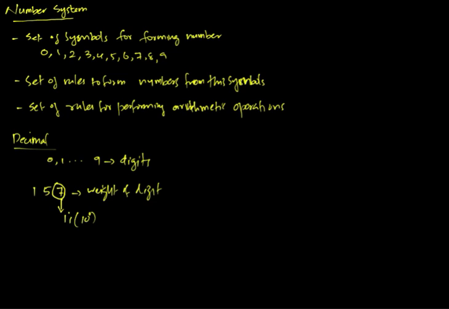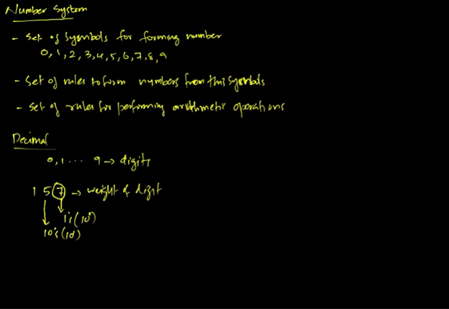Now the digit 5, which is in the second position from the right, has the weight of tens, that is, a weight of 10 raised to 1.